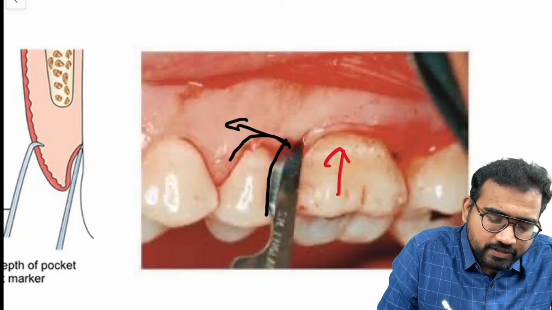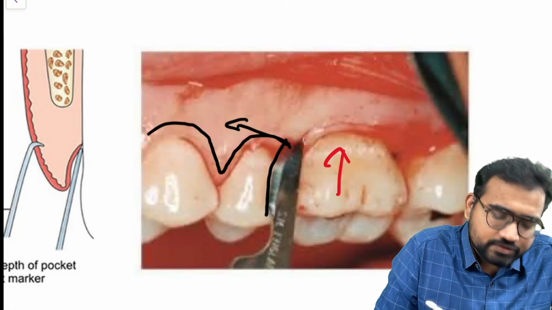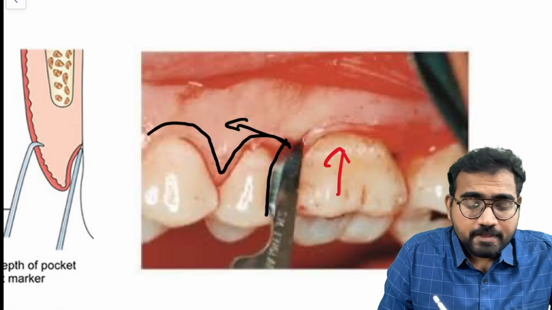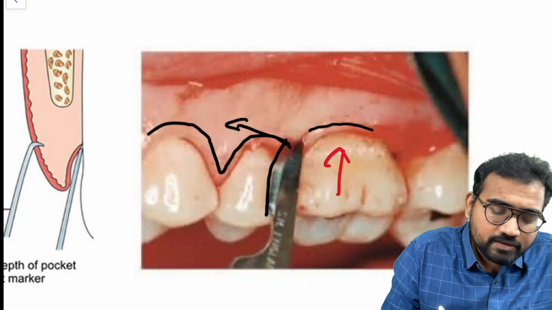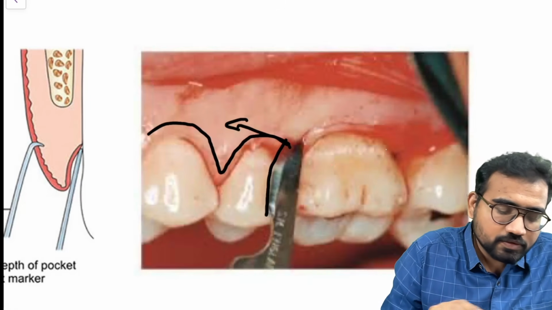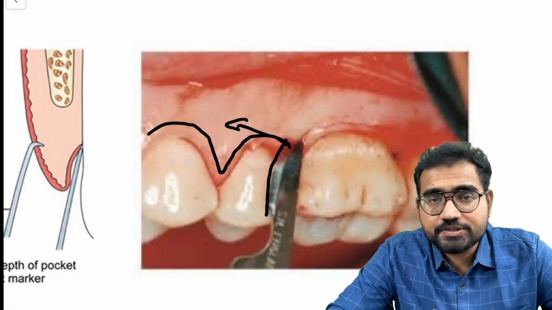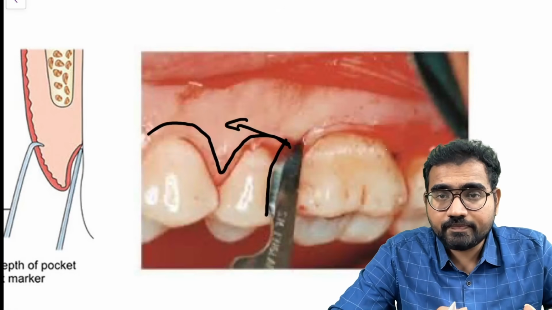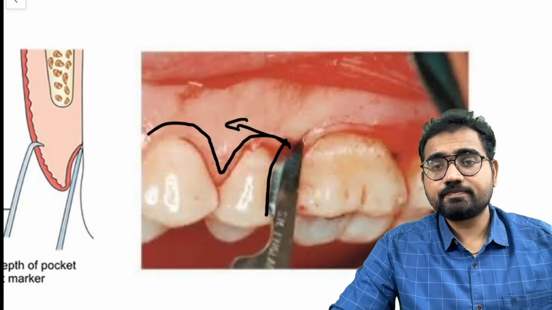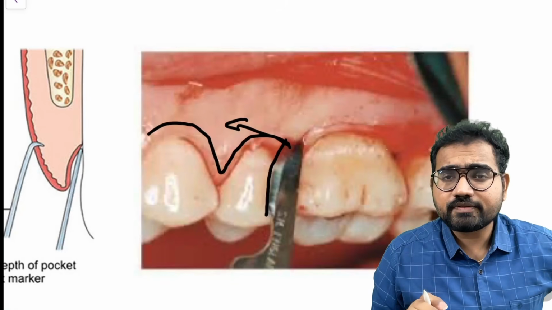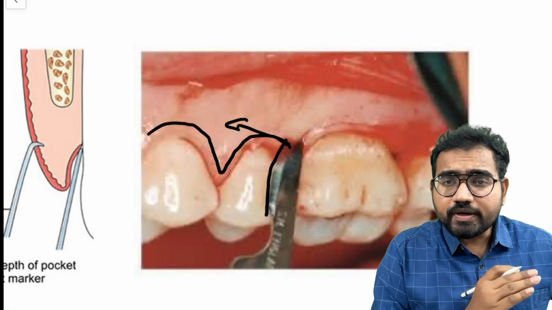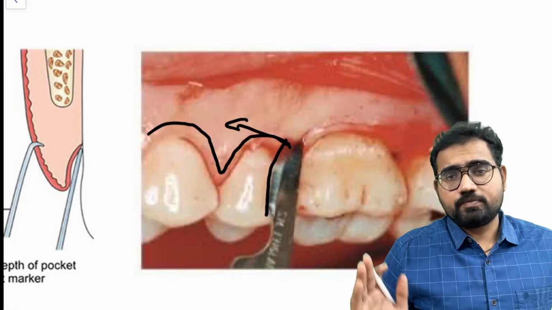So I should cut somewhere here and go here. If I do a back dissection, that is going to result in blunt dissection. So the internal bevel incision is given 0.5 to 2 mm from the gingival margin, and it is going to hit the bone.